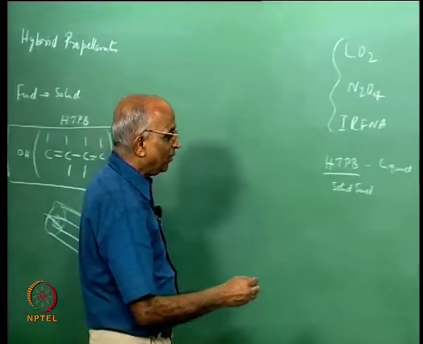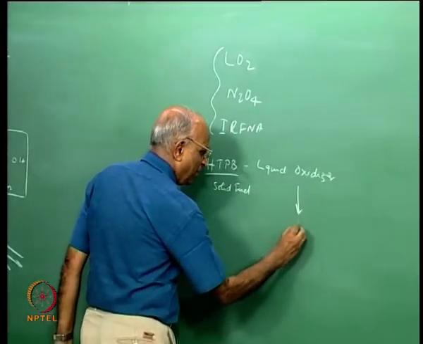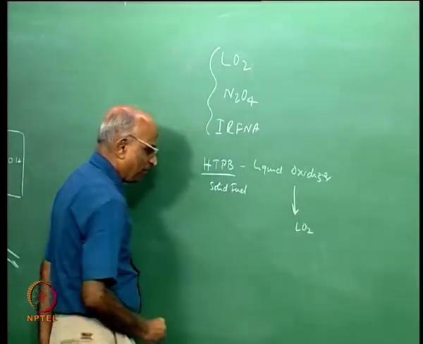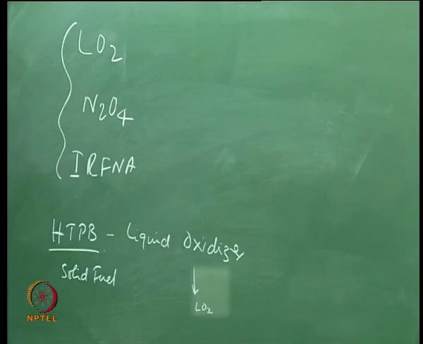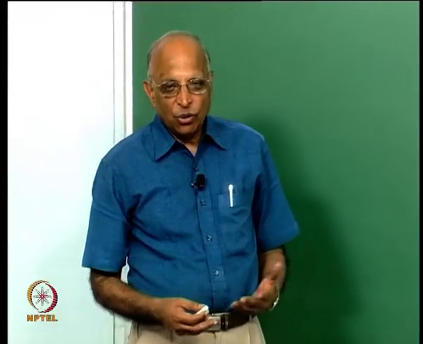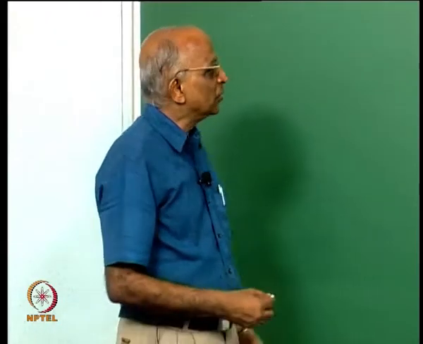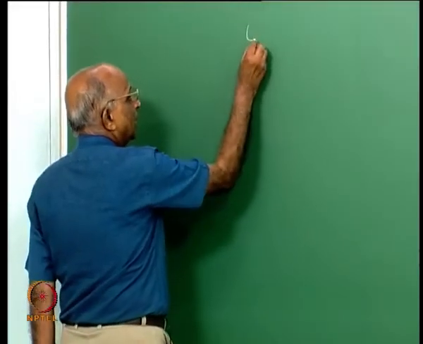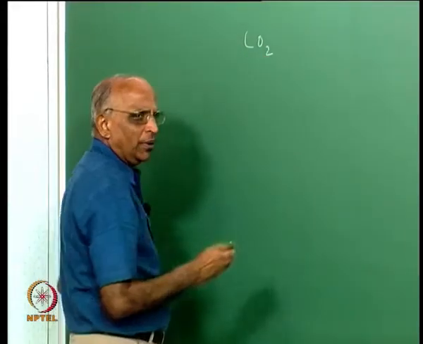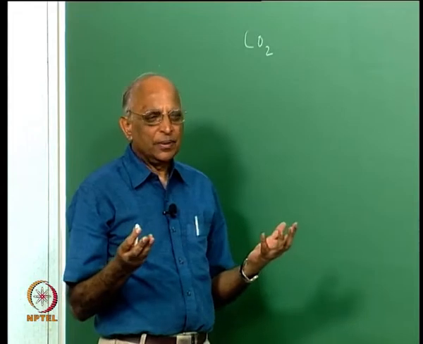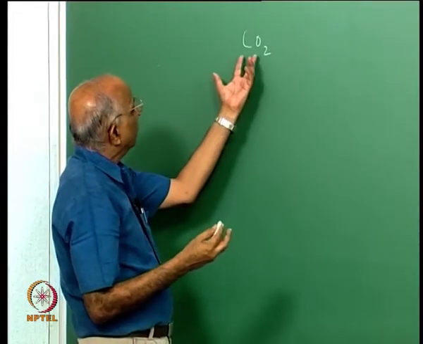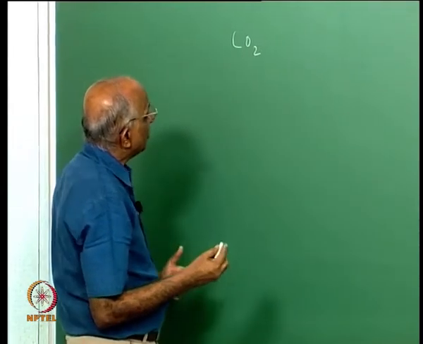When we talk of liquid oxidizers, liquid oxygen is powerful enough. Can I make the specific impulse of liquid oxygen higher by modifying the property of the liquid oxygen itself?